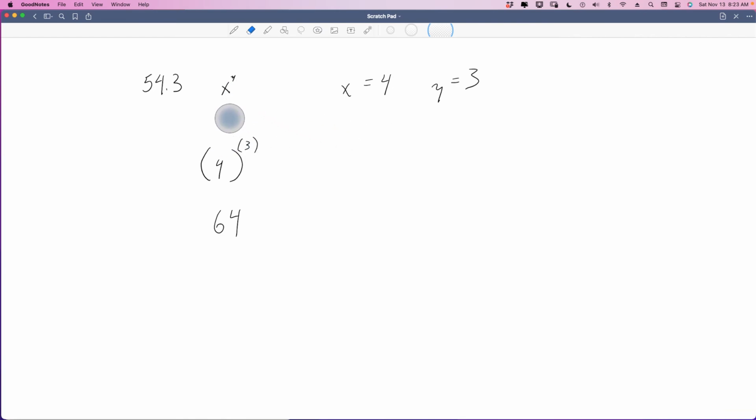Let's do 54.4. We have the cube root of p to q, where p is equal to 3 and q is equal to 64. Ooh, we just saw that number. I think we know what the answer is going to be already.